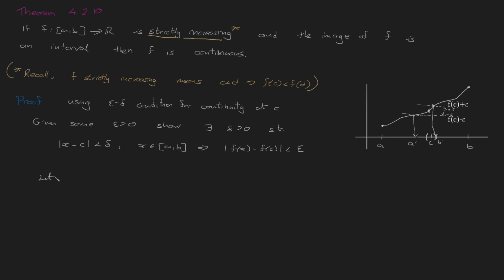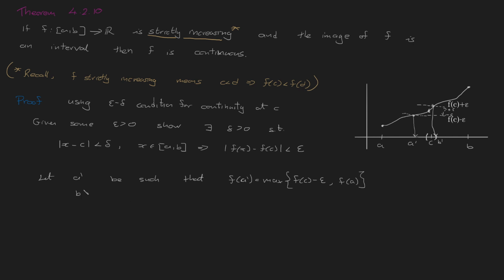So we let a prime be such that f of a prime is equal to potentially f of c minus epsilon, but if epsilon is very large, I might not be able to find such an a prime. So in that case, I would take the value of f of a, and so I actually want the maximum of these. In either case, these are all going to be values for a prime which are less than c.